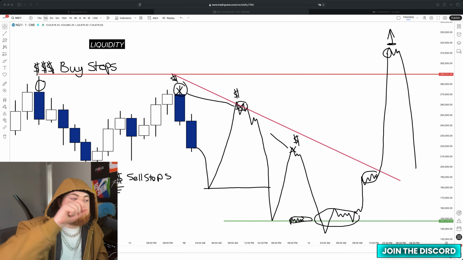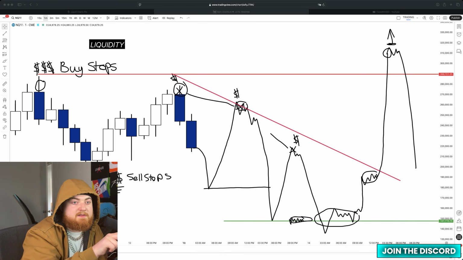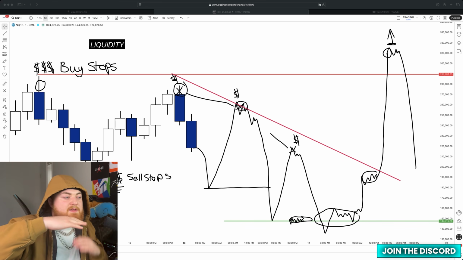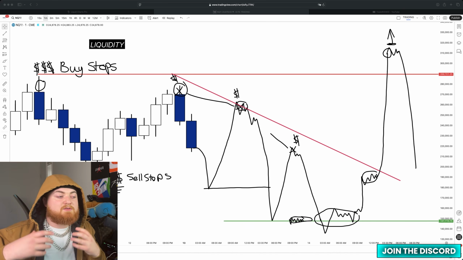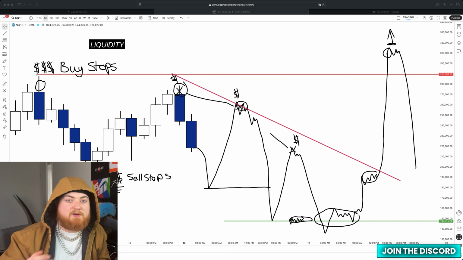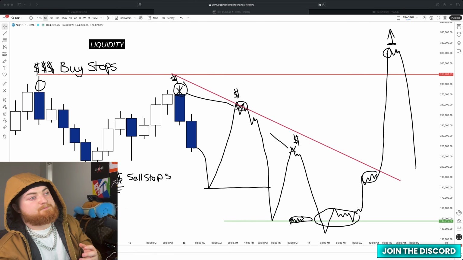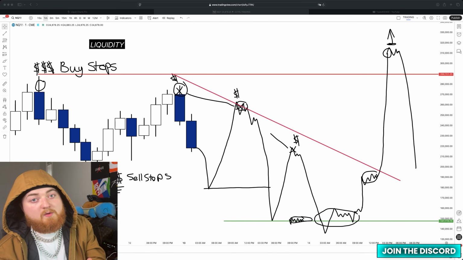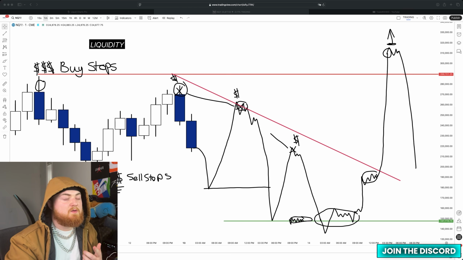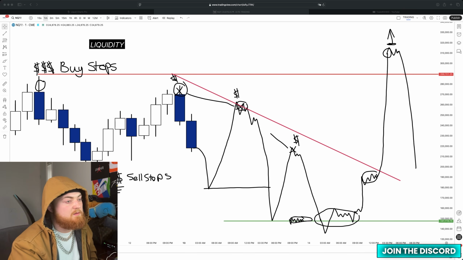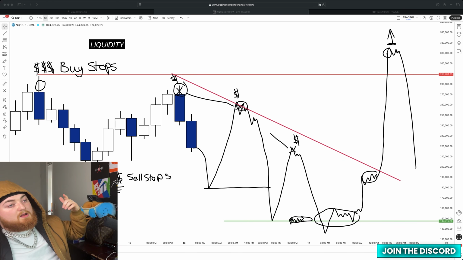If a low respects another low, there's liquidity under there. If the low that respected the first low goes on to break a high, there's more liquidity under there, because you've now tricked traders into believing a market structure shift has happened, and to go long with sell stops underneath the low. So look out for all this.